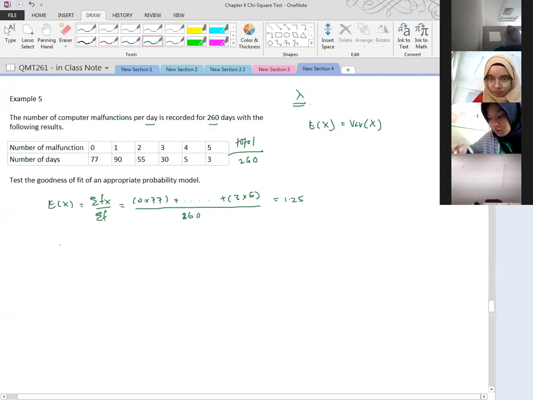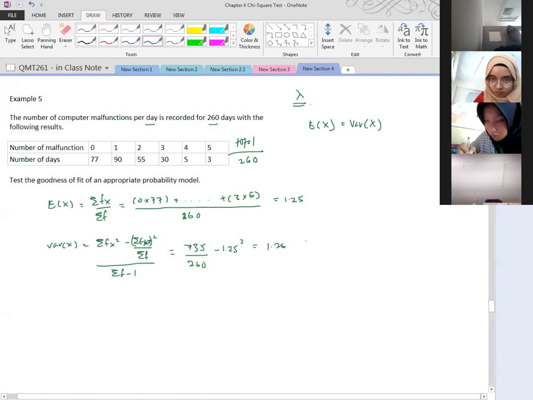And the variance of x is equal to summation of fx squared minus summation of fx, all squared, divided by summation of f, divided by summation of f minus 1. So this one should be equal to 735 divided by 260 minus 1.25 squared, which is equal to 1.26.